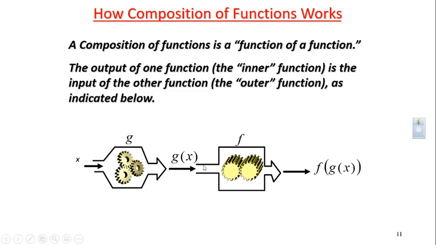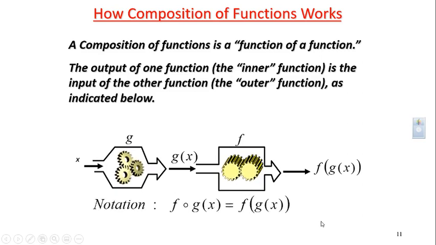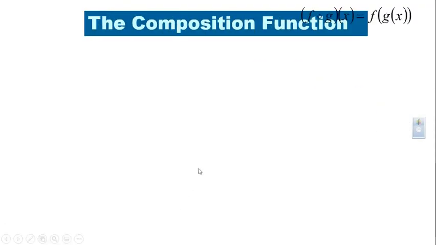And the outputs must work in the outer function. The symbol we use for composition is f circle g of x, f of g of x. Think of the circle as meaning "of." So f of g of x, the inner function is the one that's closest to the x. So x is the input, then the inner function, then the outer function. And then we can see that there could be a chain of functions from there.